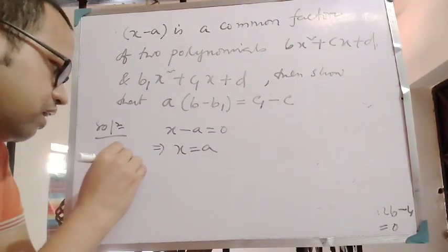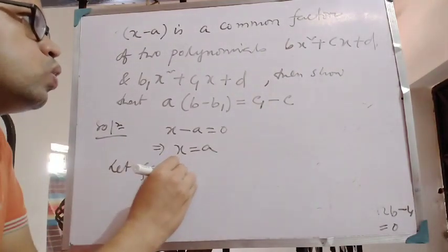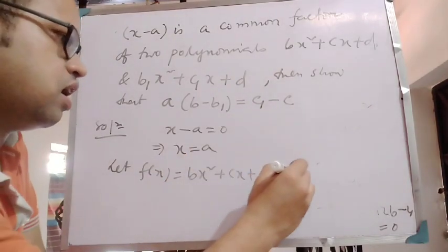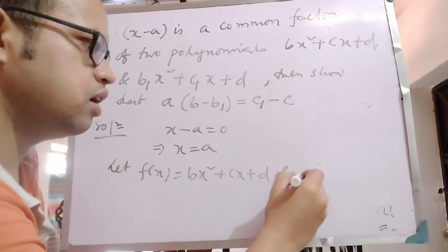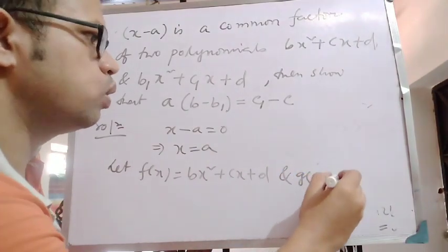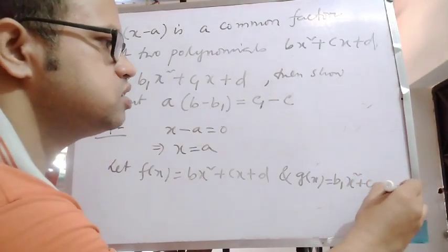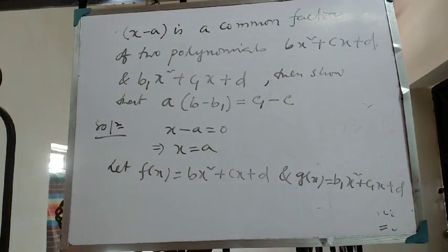So let f(x) equals bx square plus cx plus d and g(x) equals b1 x square plus c1 x plus d.